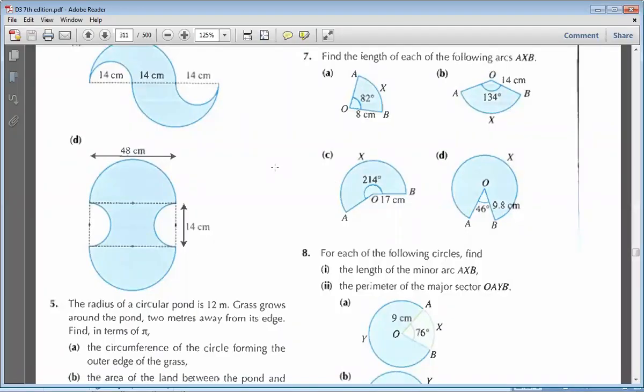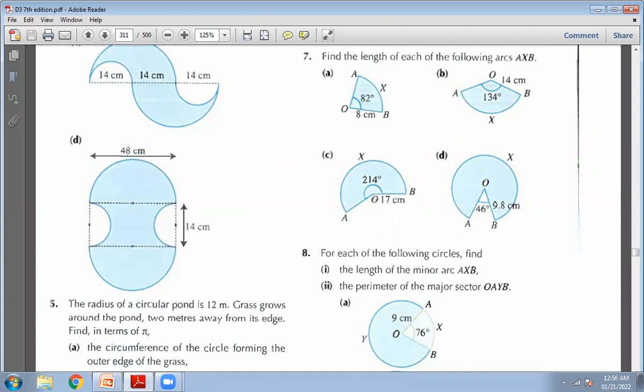Question number 7, its C part. The arc is showing up, and you can see the angle subtended at the center is 214 degrees. The radius is 17 centimeter, and they want us to find out the arc length AXB.